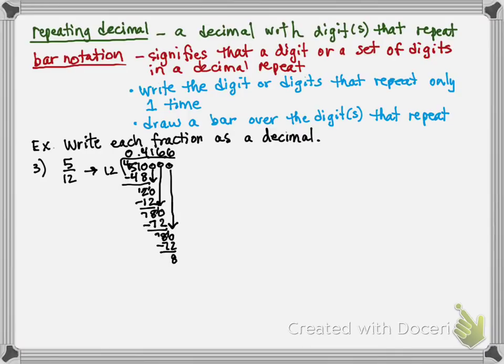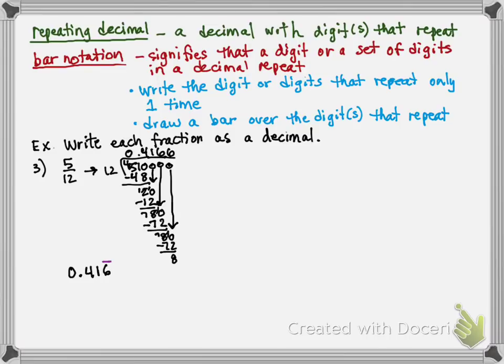So I'm kind of in this little repeating rut. So what I do is I stop and I say, my answer is going to be 0.416. However, I need to put a bar just over the 6 to let my reader know that that 6 is going to repeat on and on and on.